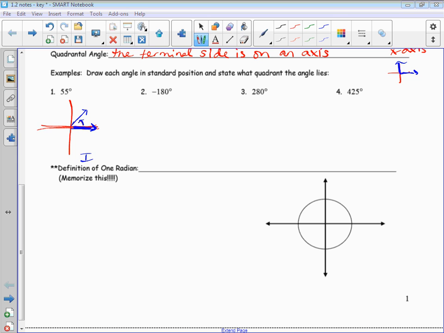Just starts rotating. Give it like a double arrow. The 425, the last one. I made sure that it wouldn't overlap the images. Yeah, that's perfect.